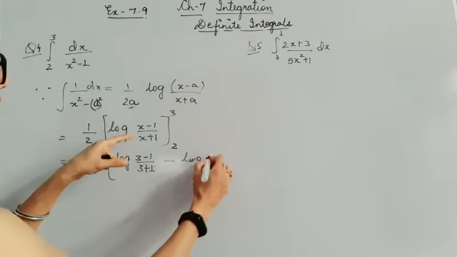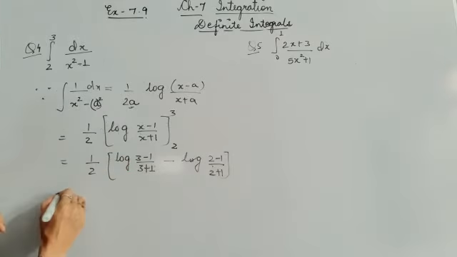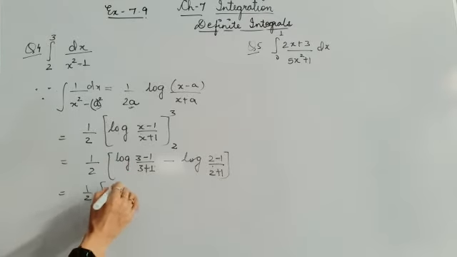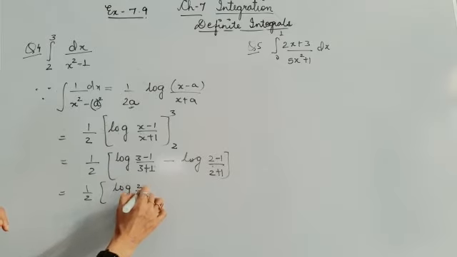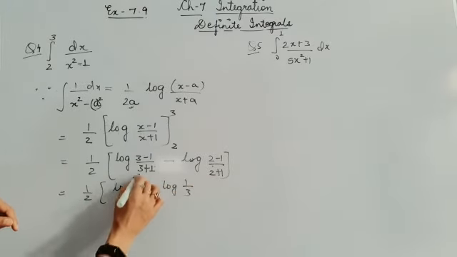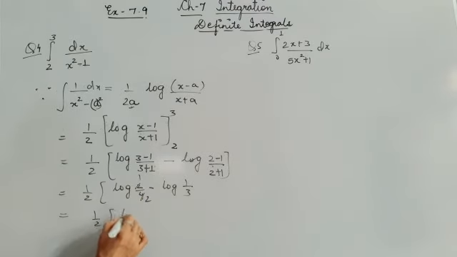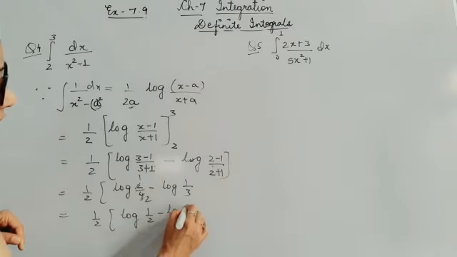So lower limit will be 2 minus 1 upon 2 plus 1. So on simplifying it, you will get half log of 2 by 4 minus log 1 by 3. Here I can cancel it. So I will be getting it as half log of half minus log of 1 by 3.